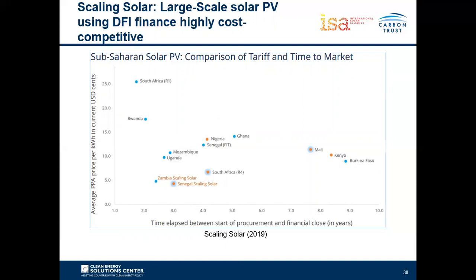And we can see that leveraging the DFI finance in this case proved to be very successful.